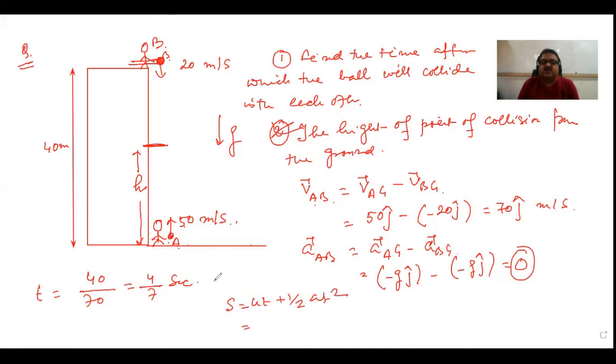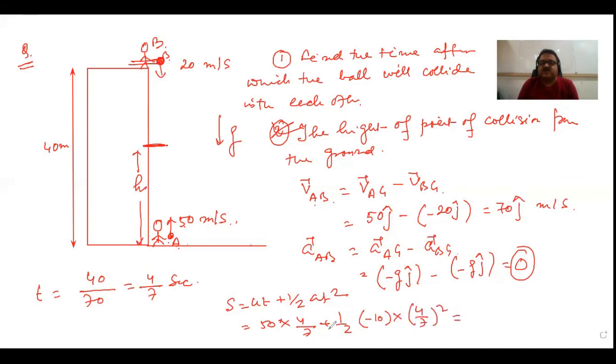So u is 50 meter per second, time is 4 by 7, plus half, a is minus 10 because of g, and t is 4 by 7 whole square.